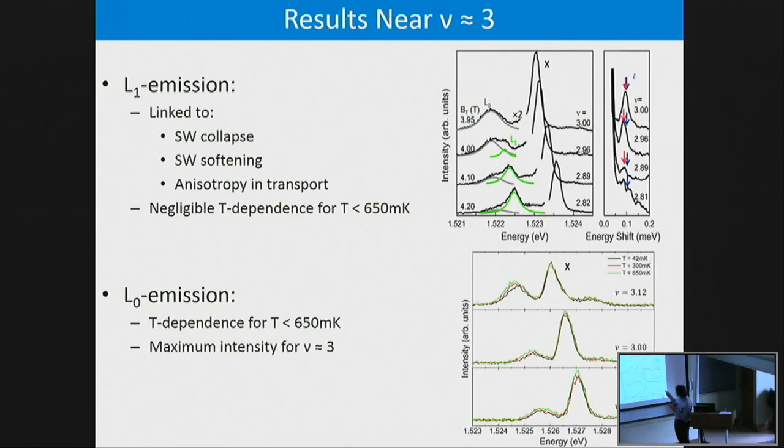It also increases somewhat in intensity with increased in-plane magnetic field, and it generally corresponds with a softening of the spin wave mode from the Zeeman energy. So as the effective g factor of our system decreases, the intensity of the L1 increases.